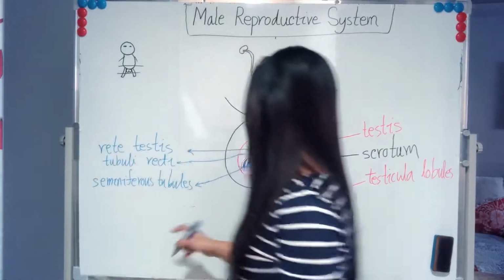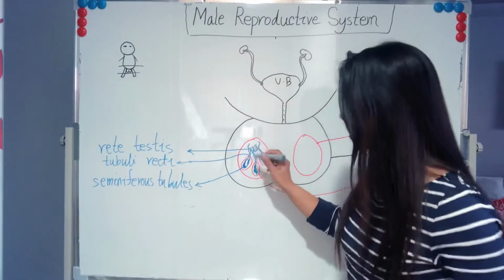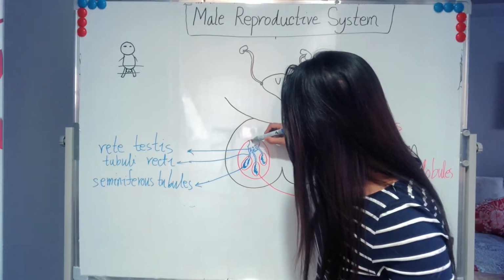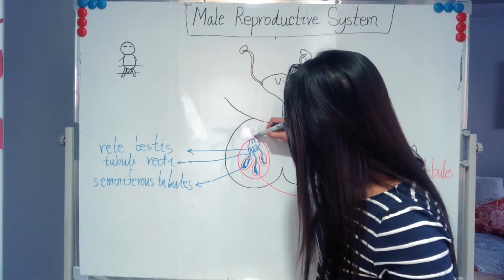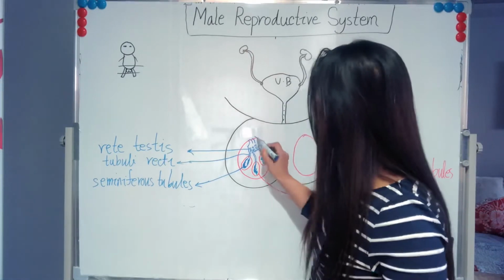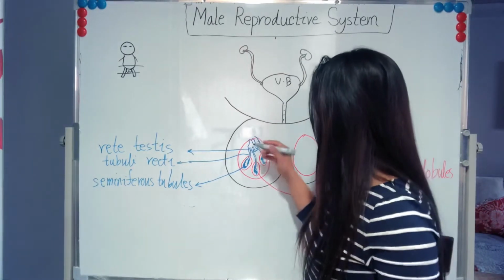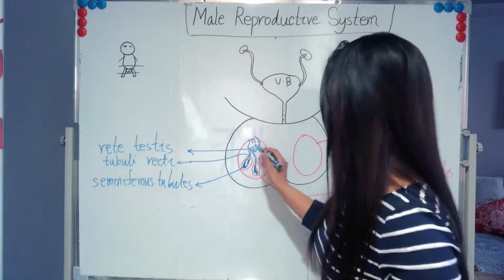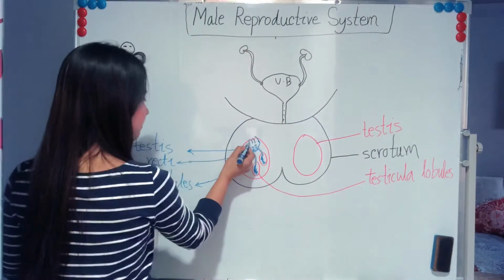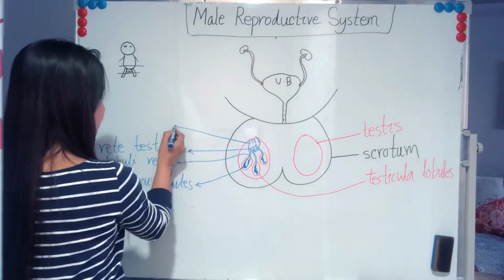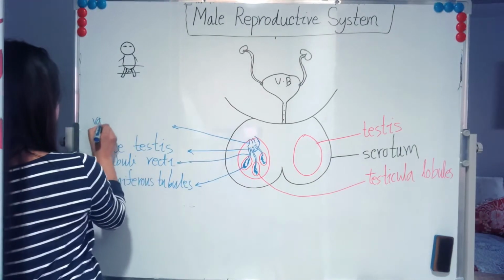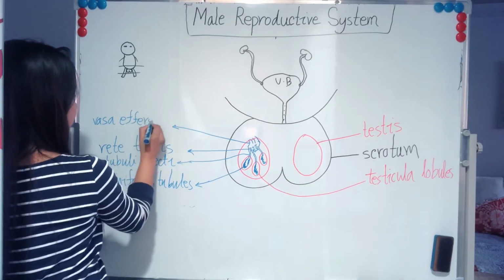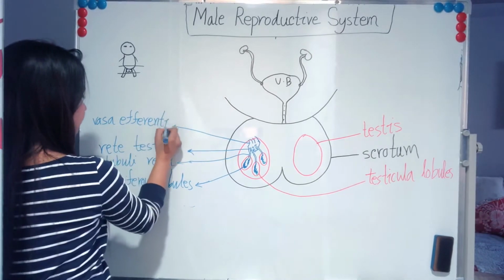Okay, now this rete testis further makes some tubules, and these tubules take sperm outside of the testes. So these are called vasa efferentia.